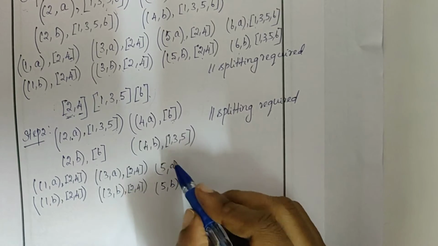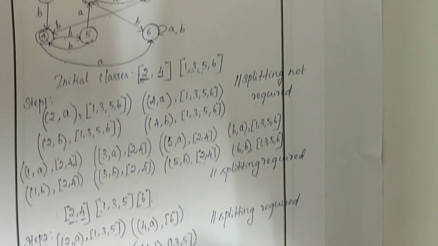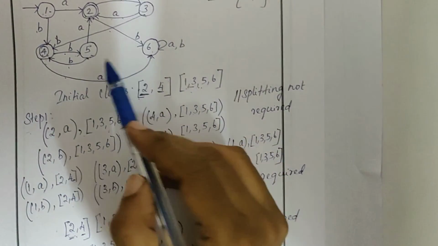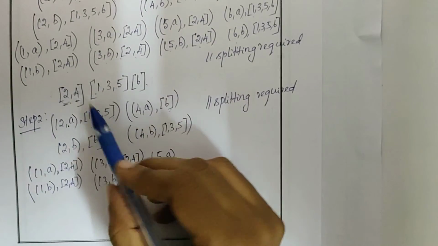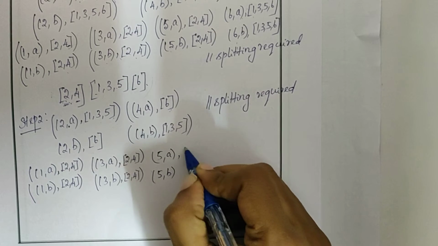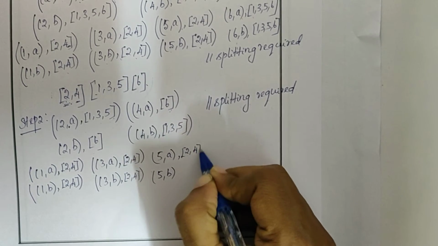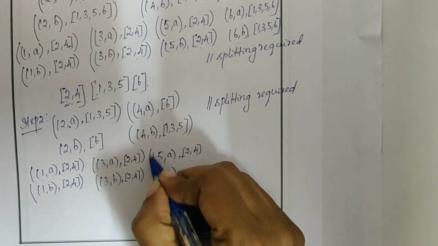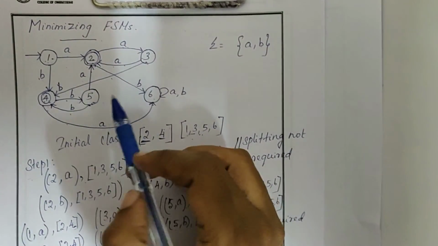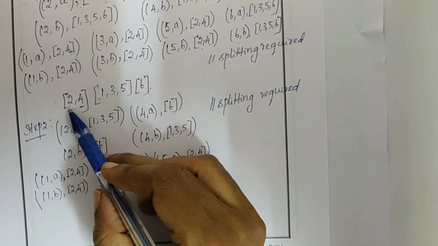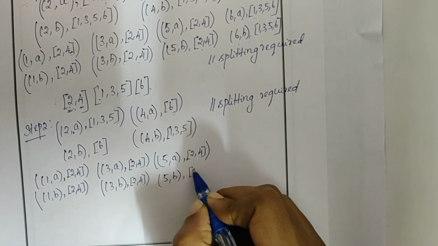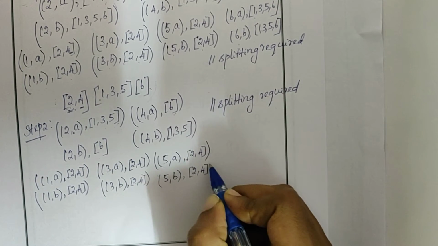Next 5. 5 takes A input and moves to 2. So 2 belongs to the 2 comma 4 class, and I'll write the class. Next 5B. 5 takes B and moves to 4. Right? So 4 belongs to the 2 comma 4 class.